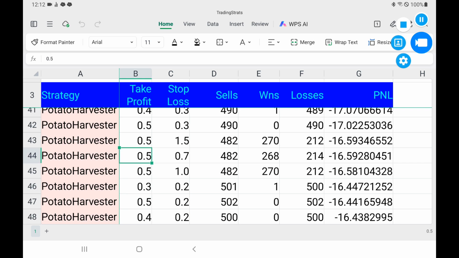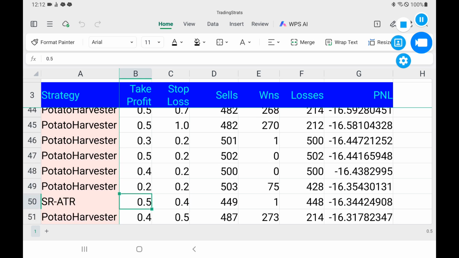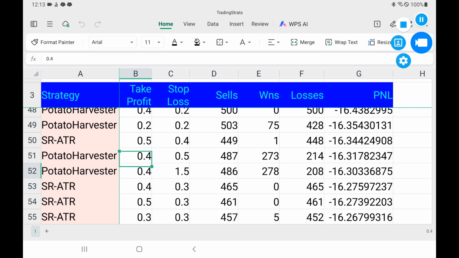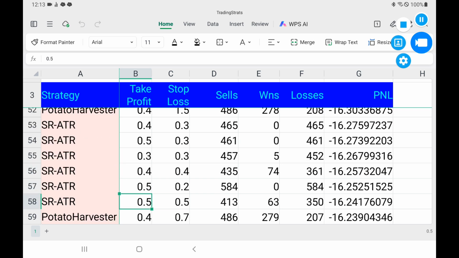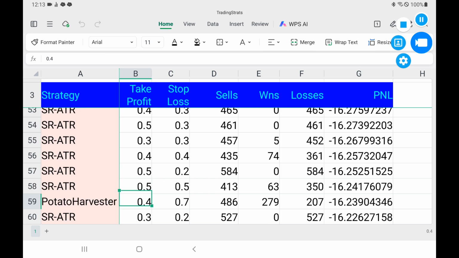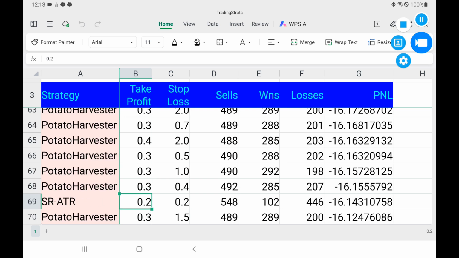So we can clearly see that for ADA, the potato harvester is not a good fit. Support and resistance with ATR levels. This one didn't do well at all. But again, reward is above risk. More potato harvester failures, more support and resistance ATR. So we can clearly see that some strategies just don't do well.